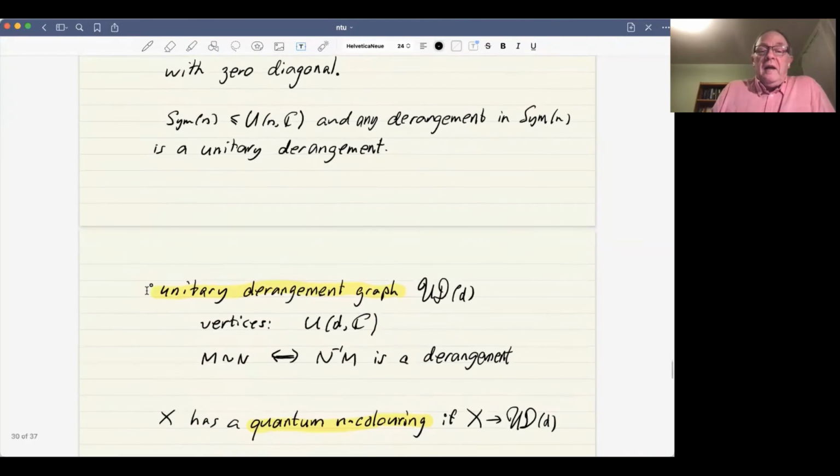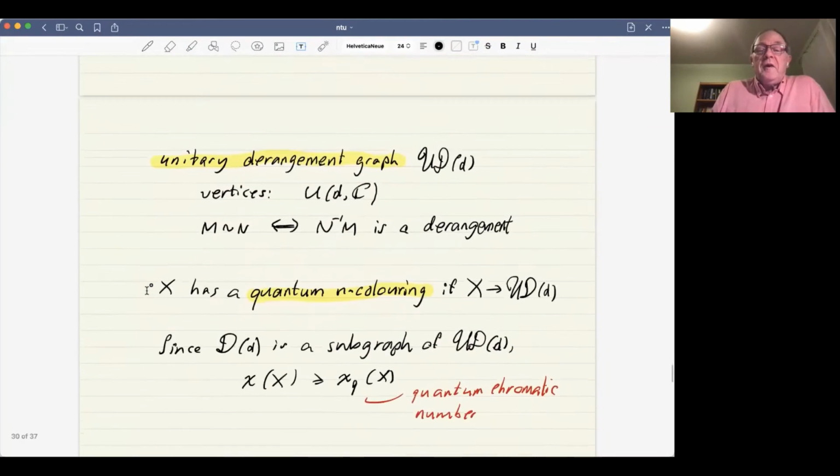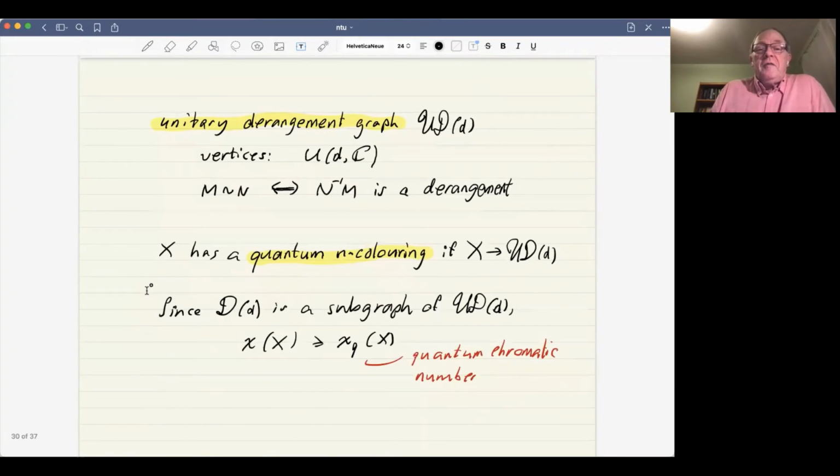So the unitary derangements contain, in special cases, the ordinary permutation derangements. And in analogy to the derangement graph, I'm going to define the unitary derangement graph. The vertices are now the elements of the unitary group, and M and N are adjacent if N inverse M is a unitary derangement, so that the diagonal entries of N inverse M are all 0.